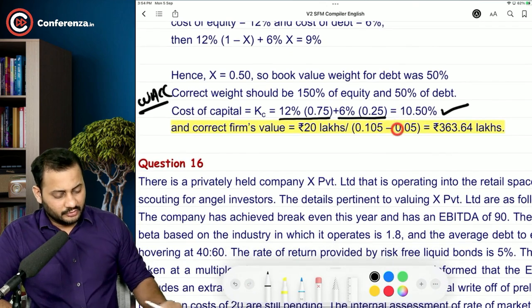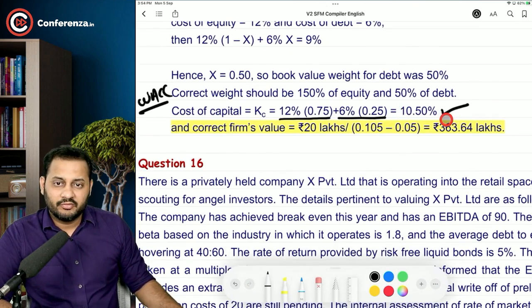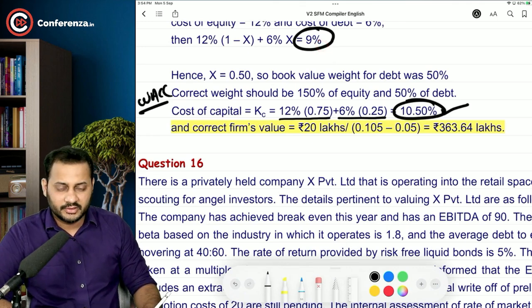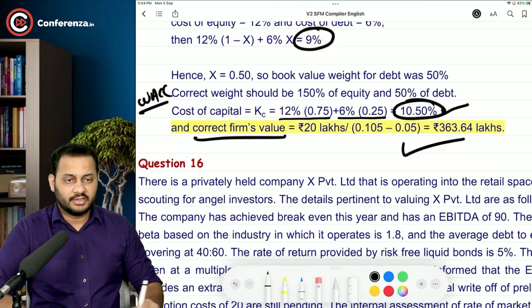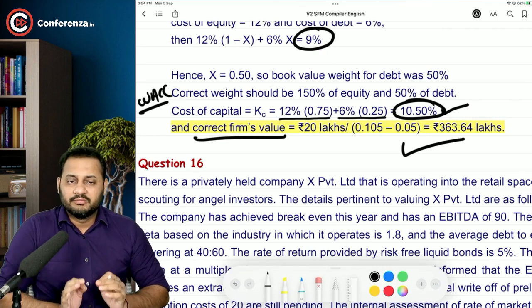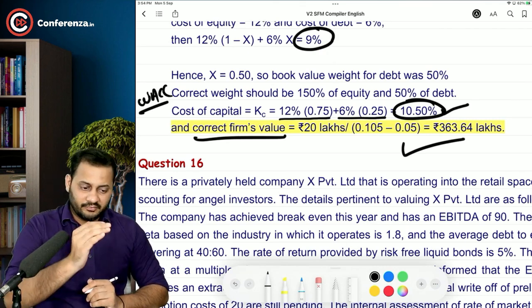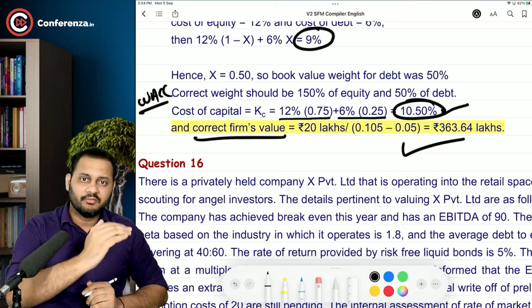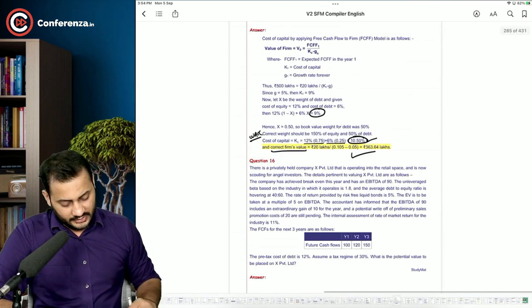The new cost of capital is 10.5% instead of 9. Instead of 9, it is 10.5%, and the correct firm's value will be 363.64. Simple and easy way. We just went backwards, found the correct value, and then went like this.